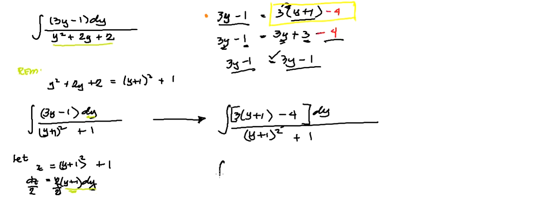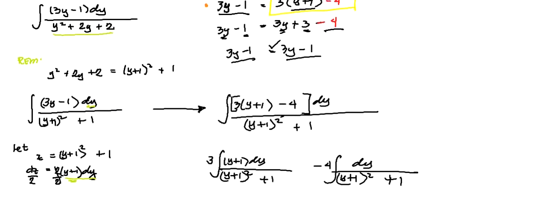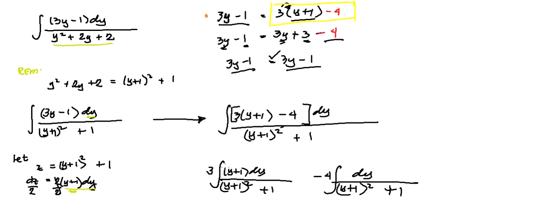Then from here we can now distribute, and we have 3 times the integral of (y plus 1) dy all over (y plus 1) squared plus 1. And then we also have minus 4 times the integral of dy all over (y plus 1) squared plus 1.